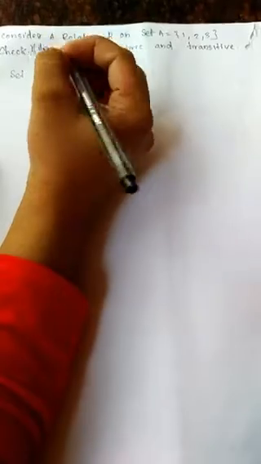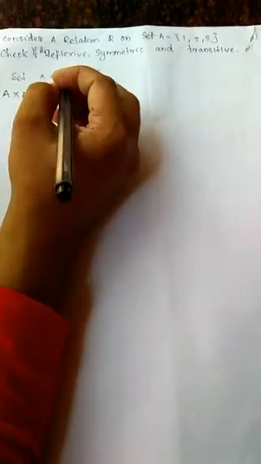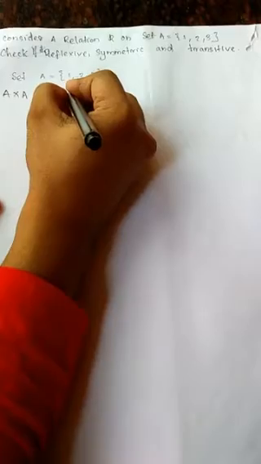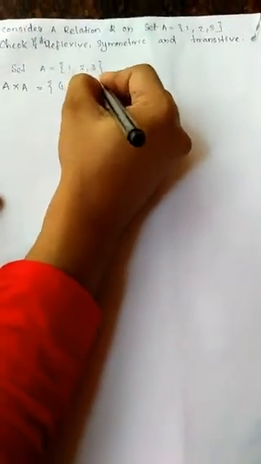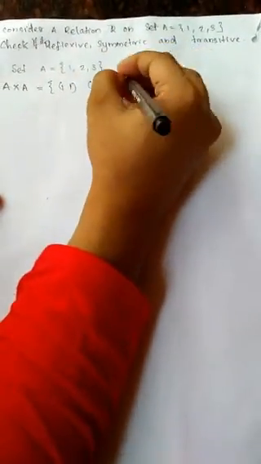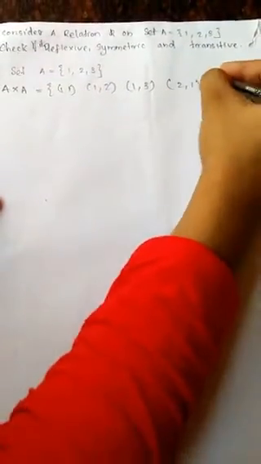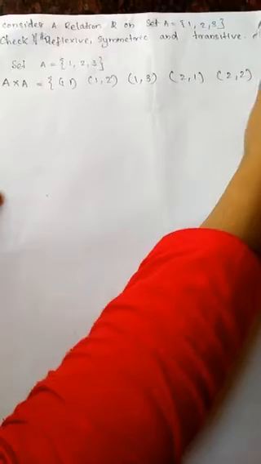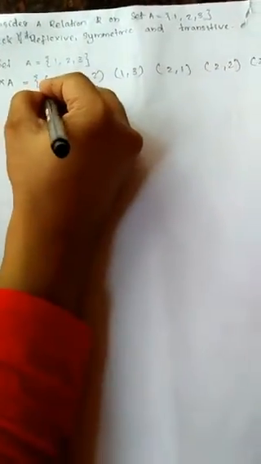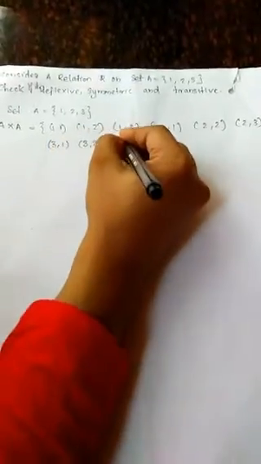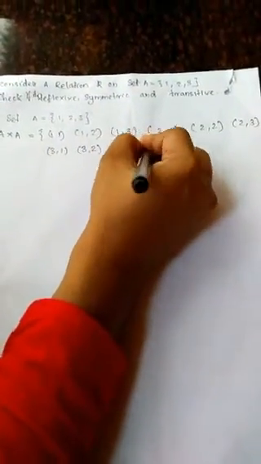These are the elements. Then what is the Cartesian product? A cross A consists of these elements: (1,1), (1,2), (1,3), (2,1), (2,2), (2,3), (3,1), (3,2), (3,3).